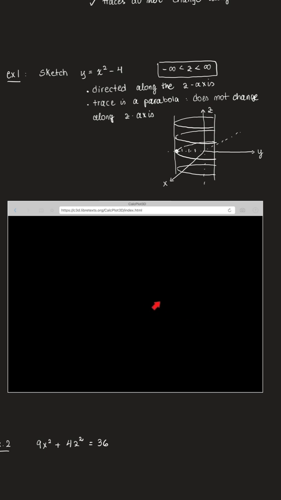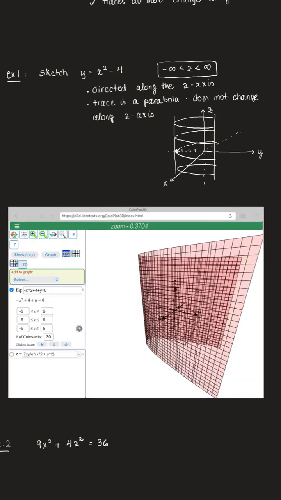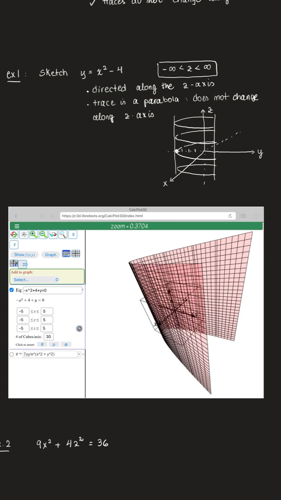So here's the parabola that gets repeated along the z-axis. There's our z-axis, and so we say the cylinder runs parallel to the z-axis, and it's a parabolic cylinder because the trace is a parabola. So that's our first cylinder. Cylinders do not have to have a circular base, but they can.